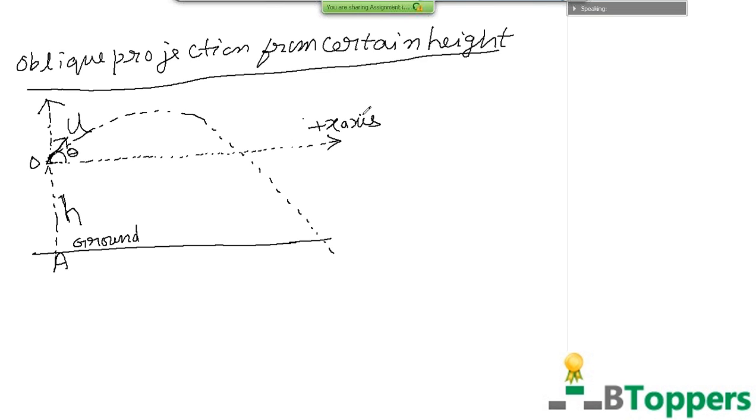I choose the horizontal direction passing through the point O as the x-axis and the vertical upward direction as the positive y-axis. So the initial velocity of the projectile can be resolved into two rectangular components along the horizontal and vertical directions, as I discussed in the theory of oblique projection.